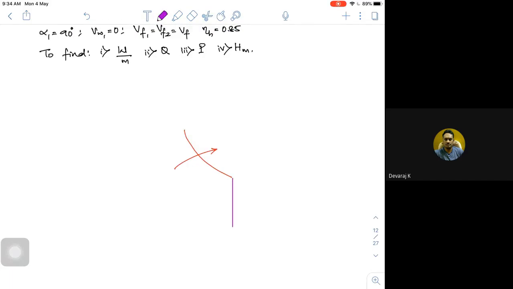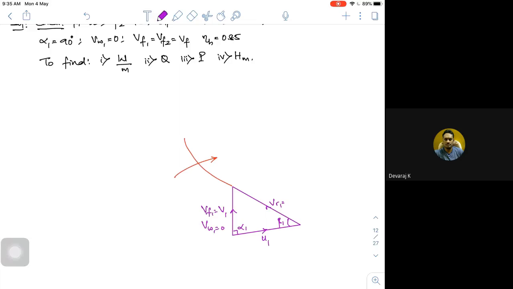This is my V1, and it is also equal to Vf1 because my Vw1 is equal to 0, and this will be my Vr1, and this is my U1. Okay, and this is my alpha 1, this is my beta 1, which is given as 55 degrees. At the same time, they have given your beta 2 as 75 degrees.